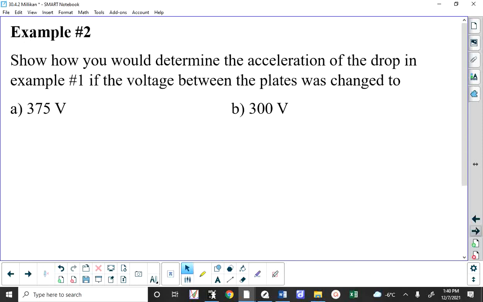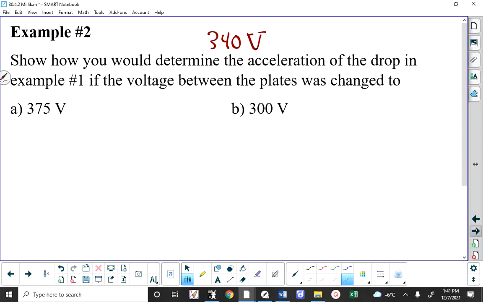How would you determine the acceleration of the drop in example 1 if the voltage between the plates was changed? And I need your help here. Was it 340 volts? Okay, so it was 340 volts, and at 340 volts, the drop was suspended. If it's suspended at 340 volts, what's going to happen to the drop if we increase that voltage to 375?